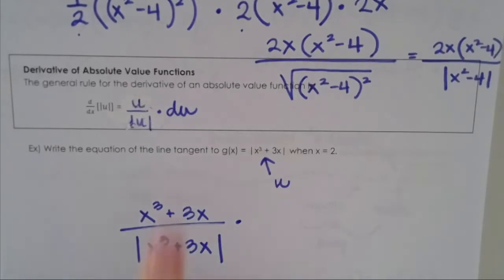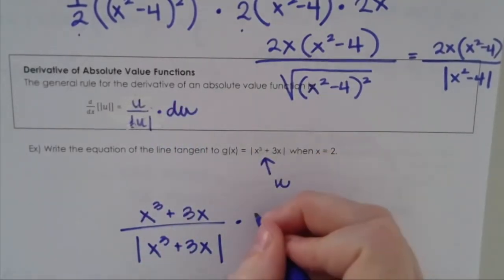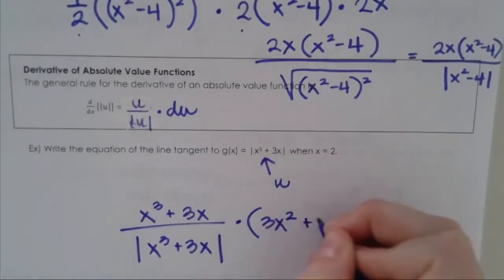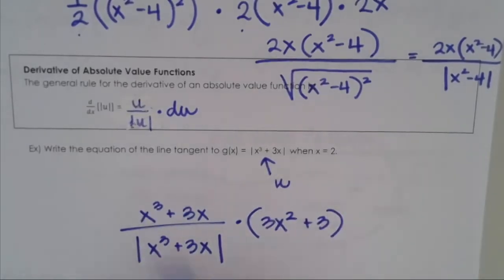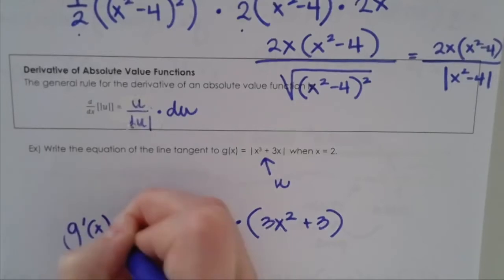So du just stands for the derivative of u. Well, what's the derivative of x to the third? It is 3x squared. What's the derivative of 3x? That's just 3.